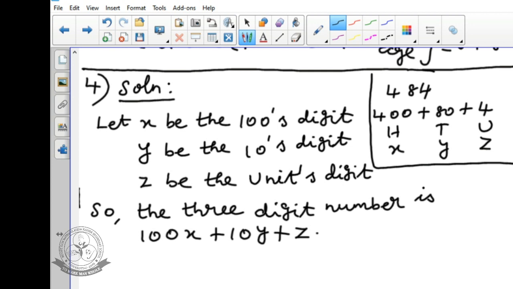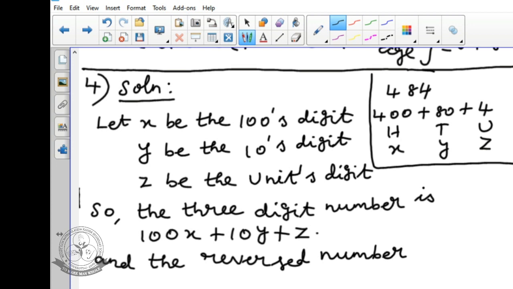If the digits are reversed, the new number is 46 more. What is the meaning of reversing the number? You just have to interchange x and z.